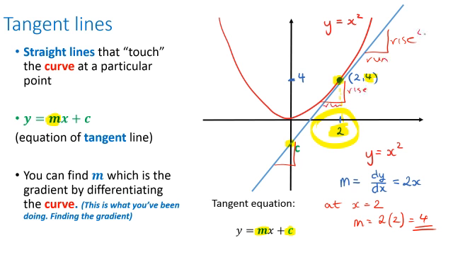It just tells me I'm rising by 4, and I'm running across by 1, because the gradient is 4. So this just tells me this straight line is 4x, and I don't know what c is. But I can find that out because on that line I've got the point (2, 4). Okay, so that's the theory behind it, and really, that's what you're doing in this exercise 20A. It's just basic year 9 maths again, but you've got to understand that differentiating helps you find the gradient of a tangent line. Simple as that.